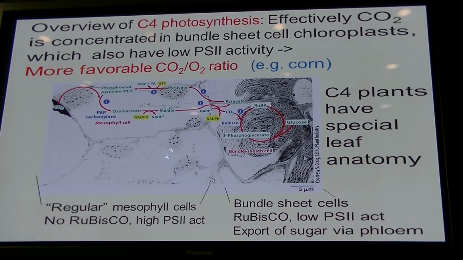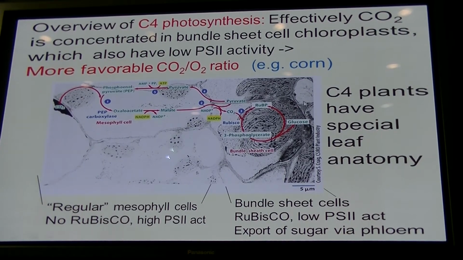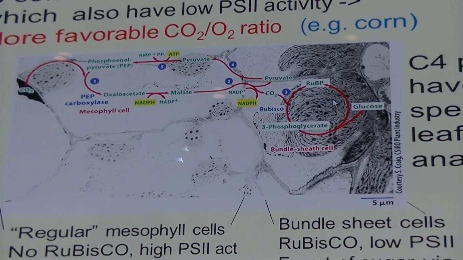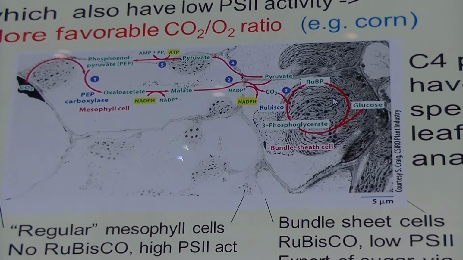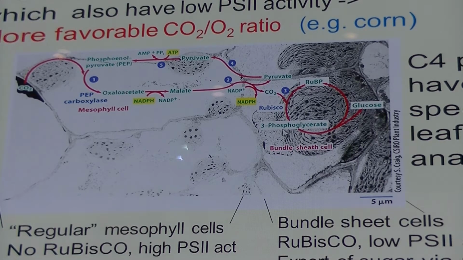And here is the overview of what happens in the C4 plants. There's a special anatomy. Around the vasculature, so around the veins, which is the site where sugars are later exported, there are special chloroplasts that have the Rubisco enzyme.